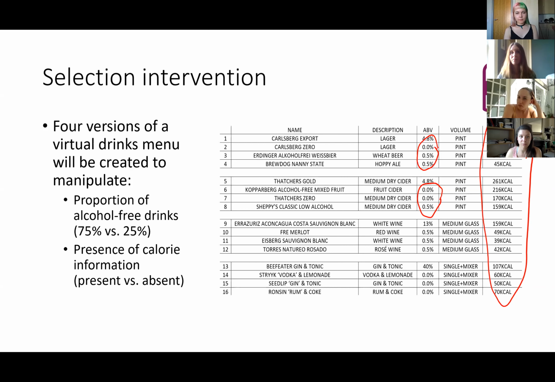But if you assume in real life these would be on the menu as they are now and this is more ecologically valid, then maybe leave it as is, but keep in mind that people might not be aware in some of them. Obviously for the Copperberg alcohol-free, that's very obvious, but for some of the others, like the wines, they might not even realize. These are the existing names. I'm not saying you necessarily have to change that, but something to be aware of and maybe consider.